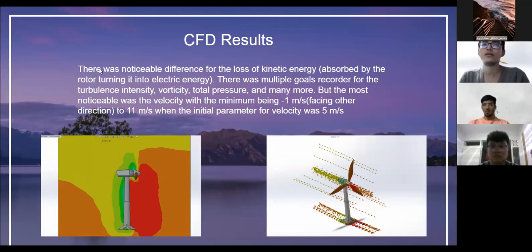And the noticeable thing is that the wind also blew in the other direction, shown here as -1, up to a maximum of 11 meters per second facing the wind turbine. And this kind of energy dissipates, and the rest is turned into electric energy, which proved somewhat efficient. Thank you. Next slide.